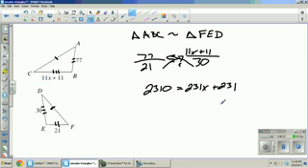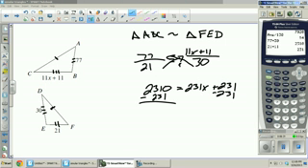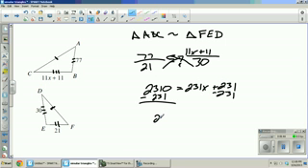Now I would subtract 231. 2310 minus 231 is 2,079 equals 231x.